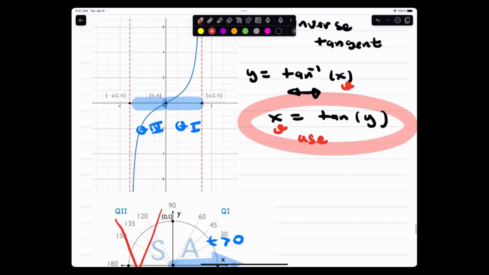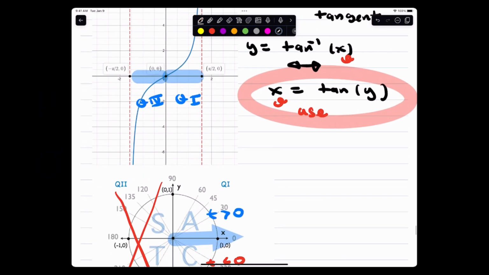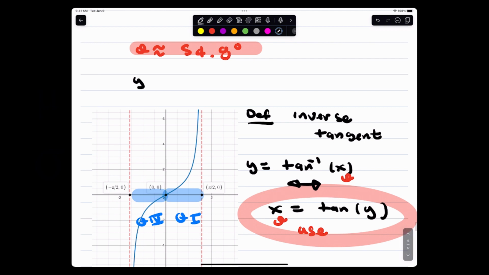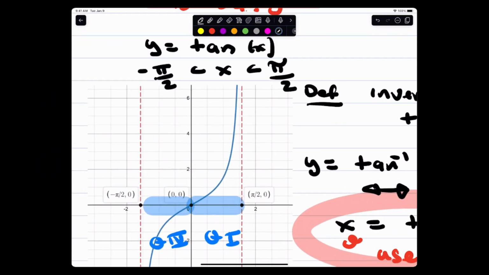And I have to give you guys a note here. Originally, this is our tangent curve. So originally, tangent is defined from negative pi over 2 to positive pi over 2. We don't include those values because we have vertical asymptotes.